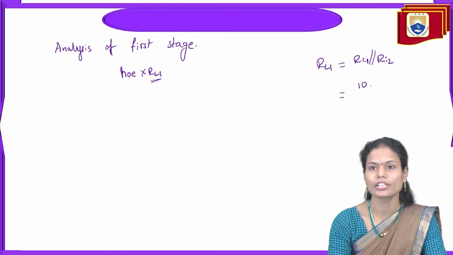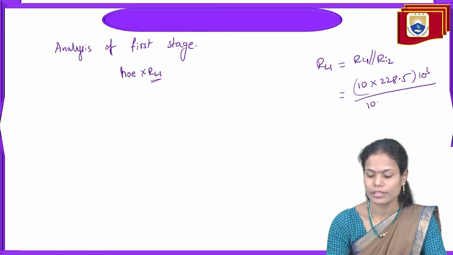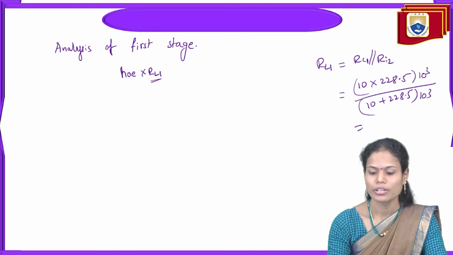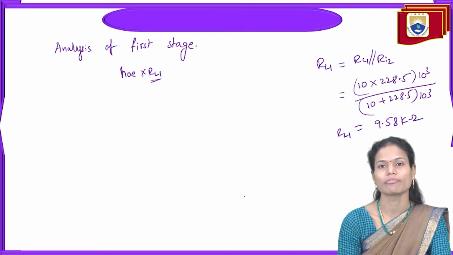RC1 is 10 kilo ohms and RI2 is 228.5 kilo ohms, so it is the product over 10 plus 228.5 kilo ohms. If we simplify it, we will get 9.58 kilo ohms as the RL1 value.